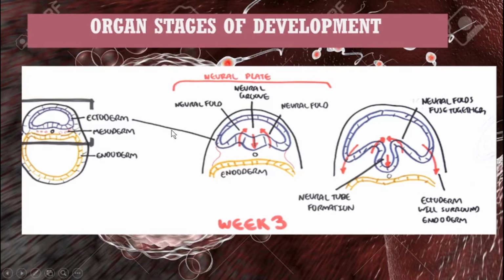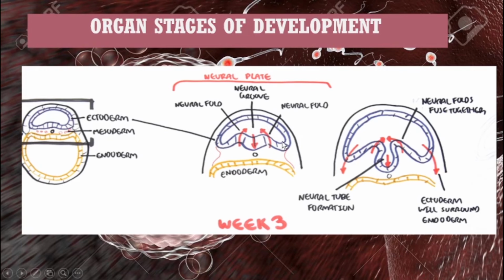As you can see right here, the thickening of cells that I just mentioned is called the neural plate, which is this whole area right here, and along the dorsal surface of the embryo, which is here. And the neural fold will develop on either side of neural groove.